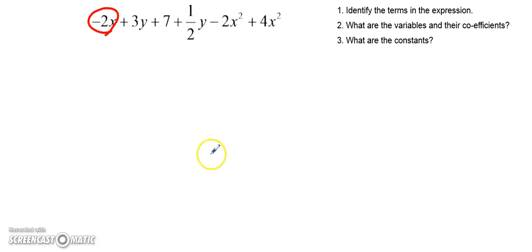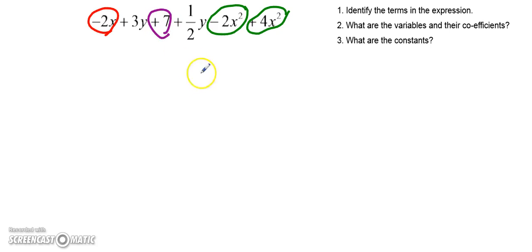There's only one of them, because actually, even though there's an x in here, the x squared variable is different than the x variable. I have two different terms involving x squared. I also have one constant.